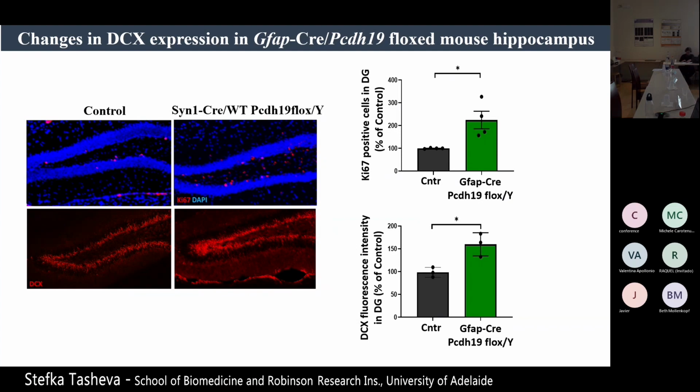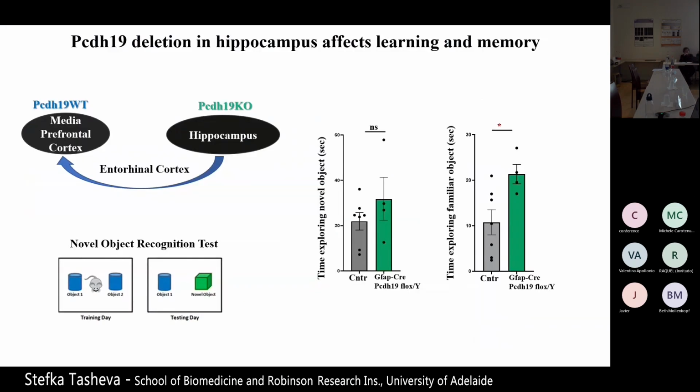And we found again that silencing PCDH19 in the hippocampal area only also accelerates the neurogenesis. And next we wanted to know whether that somehow impacts the learning and memory formation, because we know that in the hippocampal area we have the PCDH19 knockout cells, but this area interacts with the cortex through the entorhinal cortex. So in that area, we're going to have PCDH19 wild type cells.